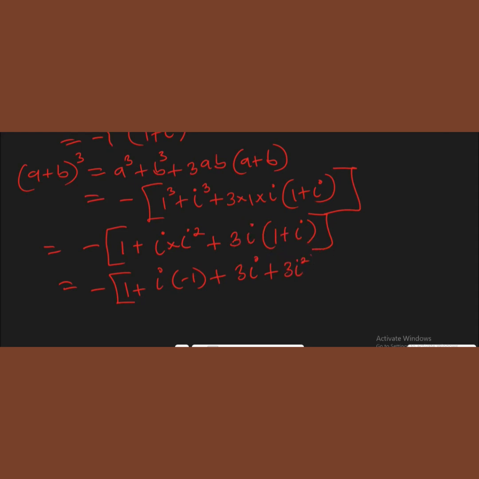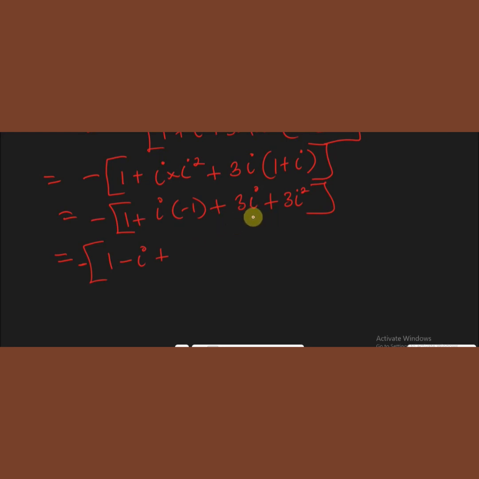So I'll close the bracket again. So this is equal to minus bracket i times minus 1 is going to give me minus i. Remember that minus times plus is minus. 1 times i is i, plus.